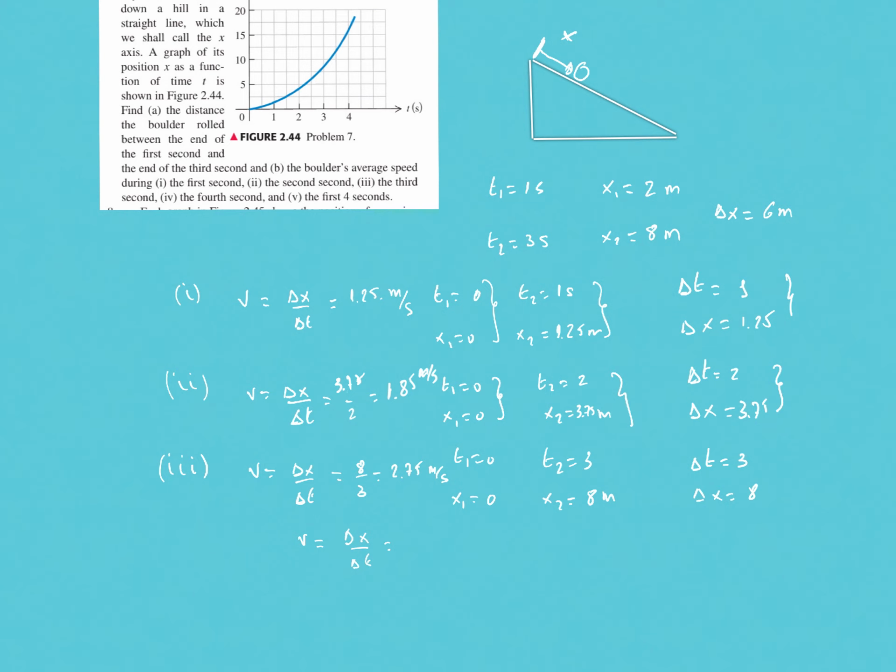You do the same thing between t equals 0 and t equals 3, and the displacement is almost 8 meters. I think it will go to 8. What the problem wants to ask you is that if you calculate the average velocity between different points, you will obtain different results.